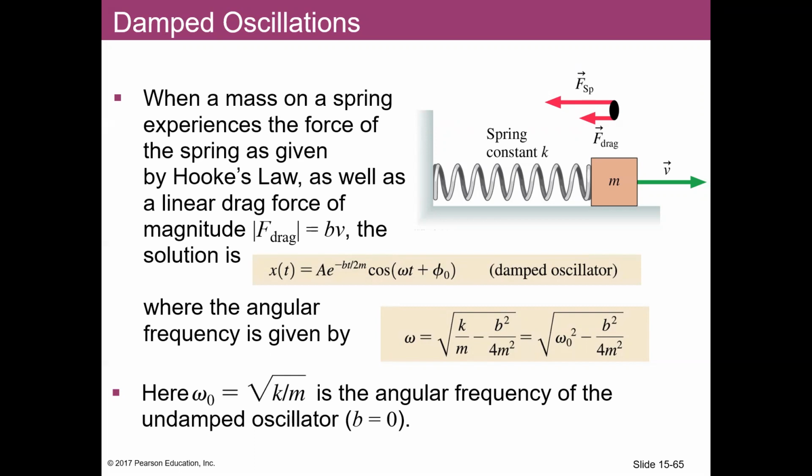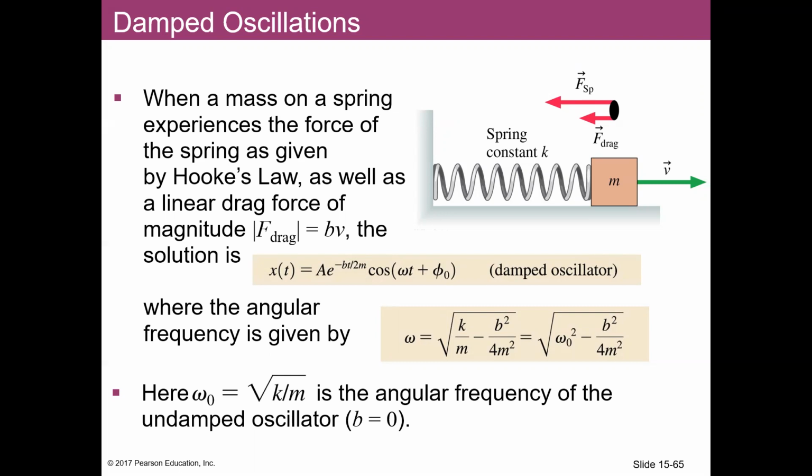You might remember in chapter 6 that the book introduced a model of drag that was proportional to v squared, when it had the density rho, the drag coefficient c, and the cross-sectional area A. That's not the model we're using. We're using a linear drag model.